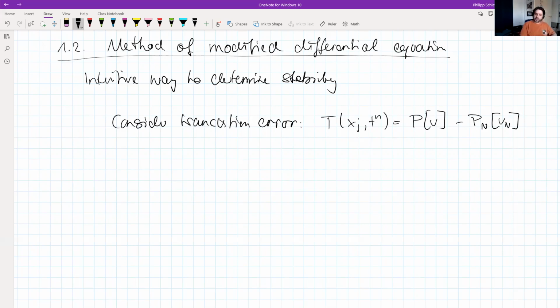We have done an example at the time. If you think back, we looked at the example of forward time, backward space.